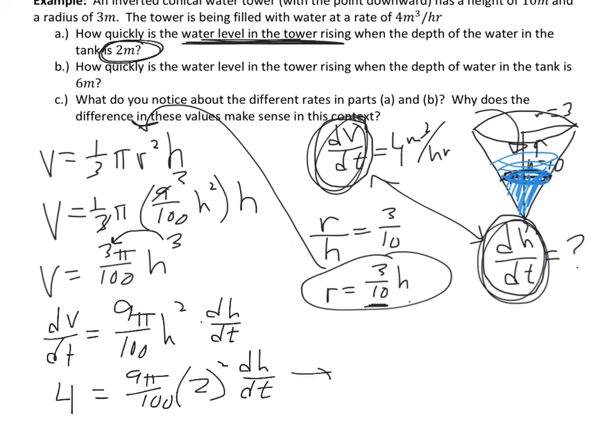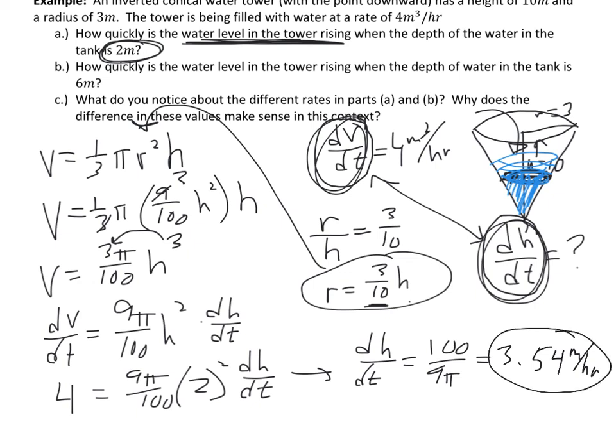If we actually go on and solve this, we find that dh/dt is 100 over 9 pi, which is, let's see here, 100 divided by 9 pi, 3.54. And this looks like it would be measured in meters per hour. Okay, so that's my answer for this one.